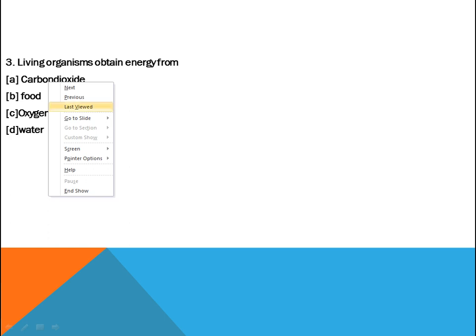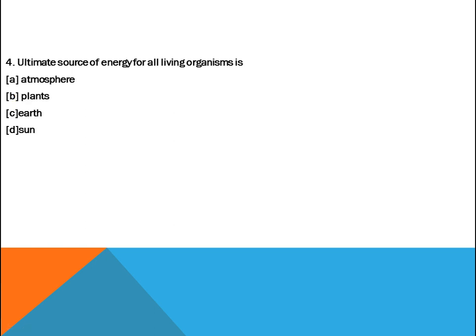Living organisms obtain energy from what? Carbon dioxide, food, oxygen, water. So the answer is food. The ultimate source of energy for all living beings is called as: atmosphere, plants, earth, sun. Yeah, the right answer is sun.